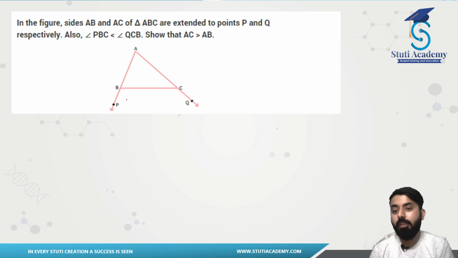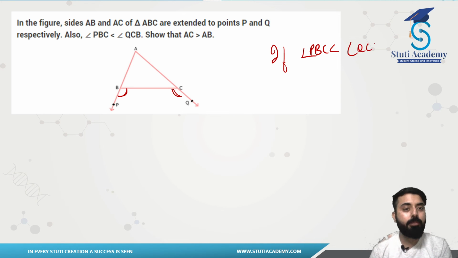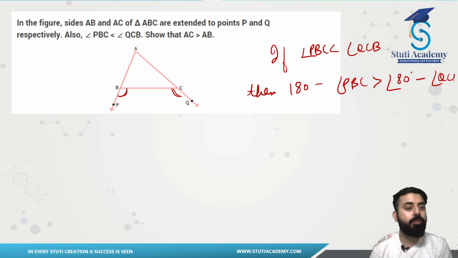So remember, if this angle is shorter than that one, then its supplement will be greater than that one. So if angle PBC is less than angle QCB, then 180 minus angle PBC will be greater than 180 minus angle QCB.